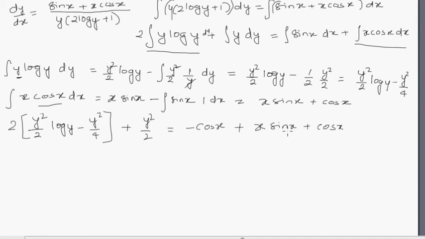Everything here is integrated, so I'm going to put a constant c here, and now it's just simplification.